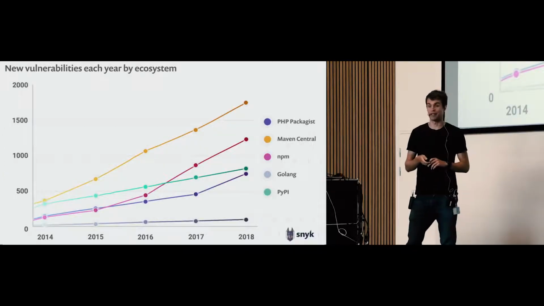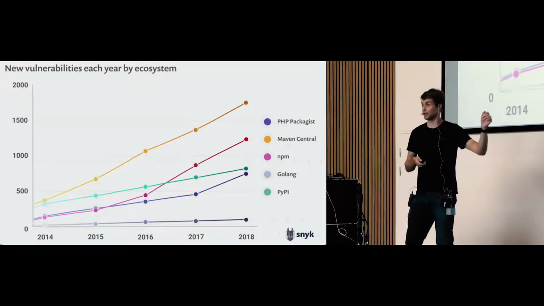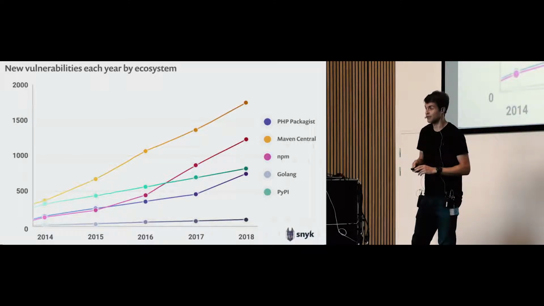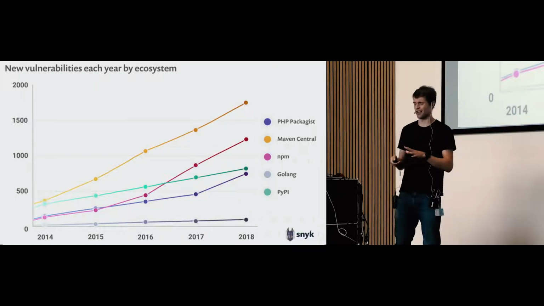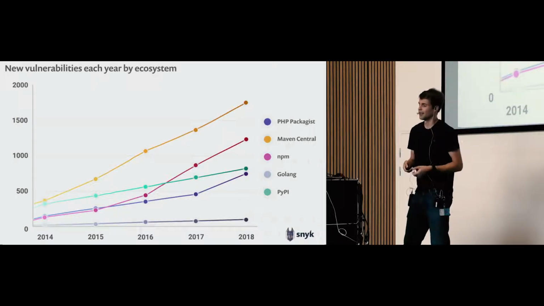And speaking of security vulnerabilities, this graph, produced by a company called Snyk, shows the number of new vulnerabilities each year by package ecosystem. I'm sorry about the color scheme. I didn't draw the graph, but it kind of does change color from left to right.